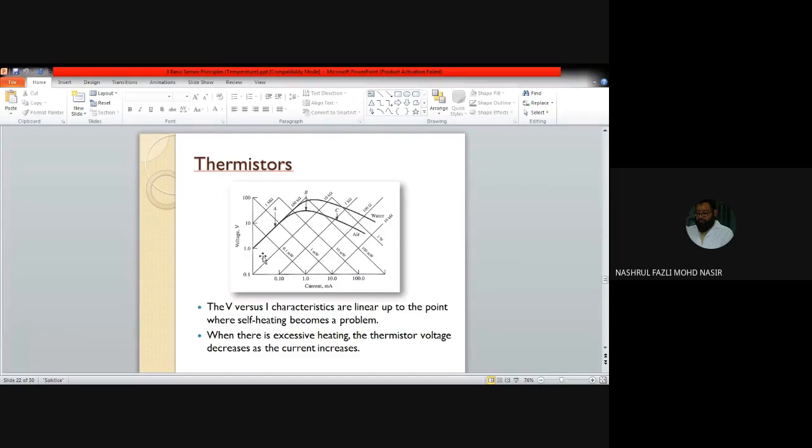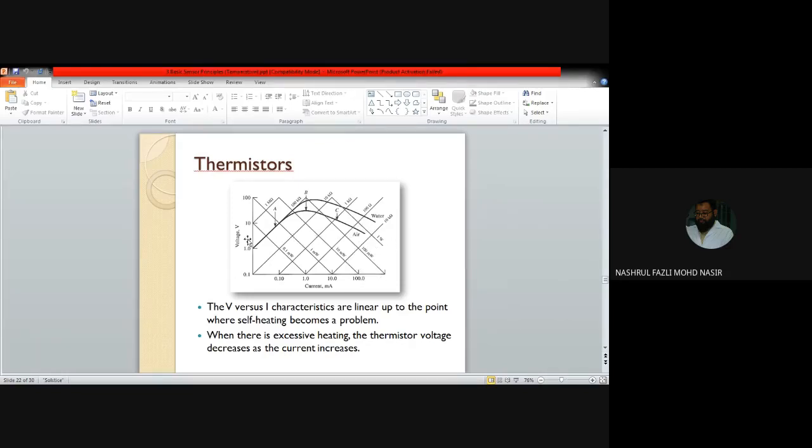So it is good if you know this characteristic. When there's self-heating, it will be no longer linear. After that point, if you still use the thermistor, it won't be accurate.